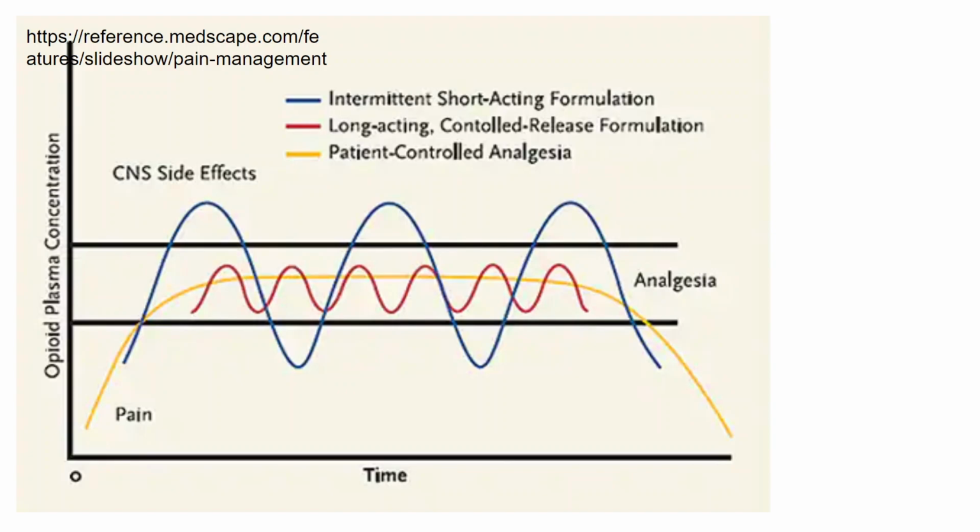Hence, another way of reducing the adverse effects of the drugs and making pain management safer would be patient-controlled administration, because you give the control to the patient. Whenever the patient feels the pain, he can switch it on or switch it off.